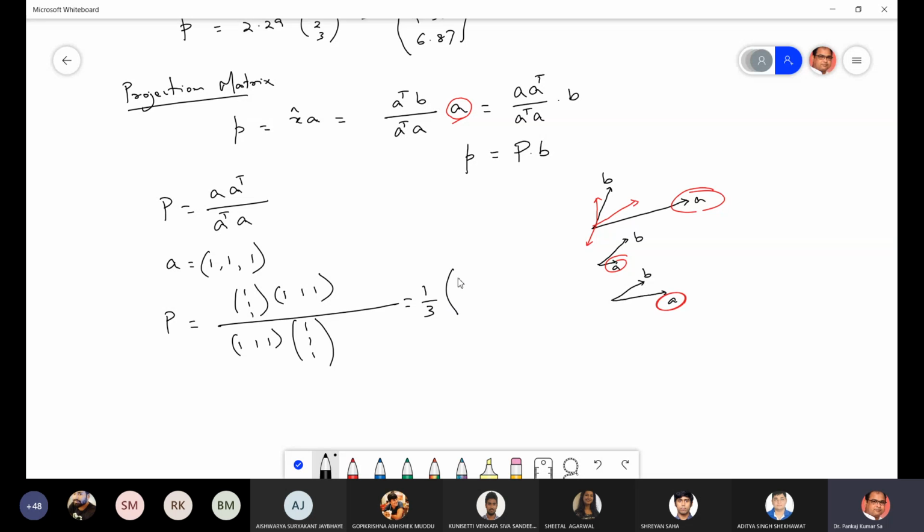And the numerator is nothing but the matrix of all 1s: 1, 1, 1, 1, 1, 1, 1, 1, 1. So this is what your projection matrix is. Either you write like this or you write like this.